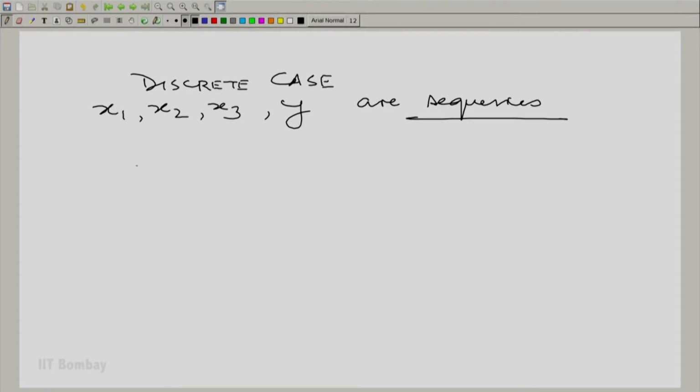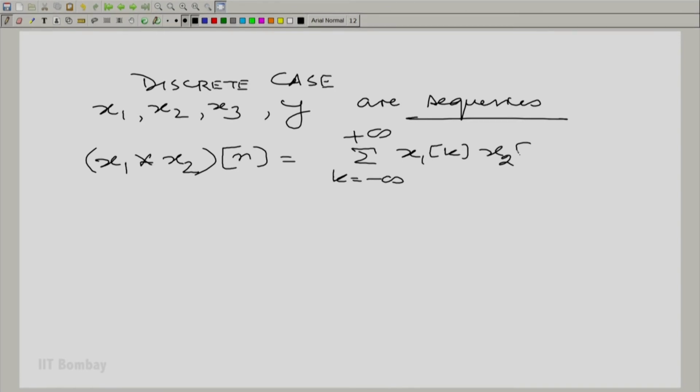Whereupon, we first consider x1 convolved with x2 evaluated at n, and that is summation k going from minus to plus infinity x1 k x2 n minus k.